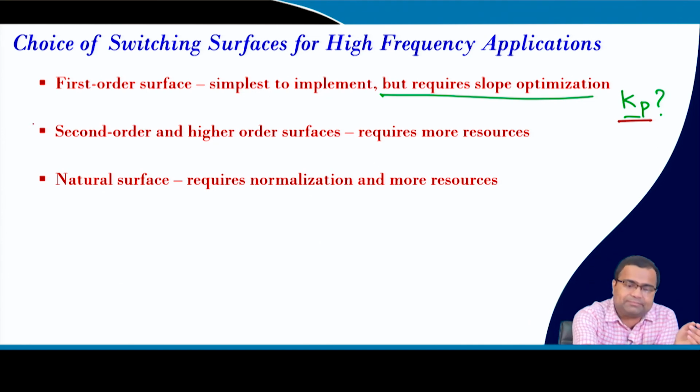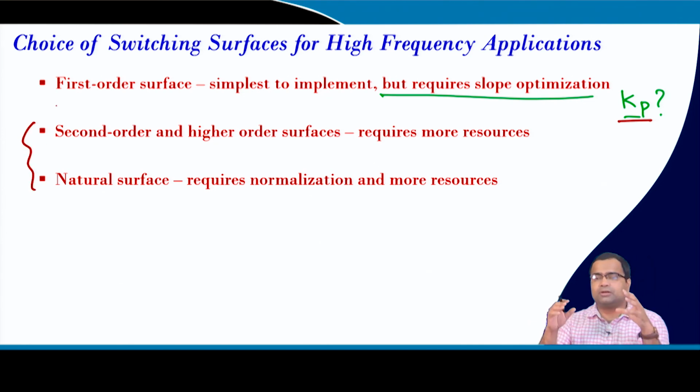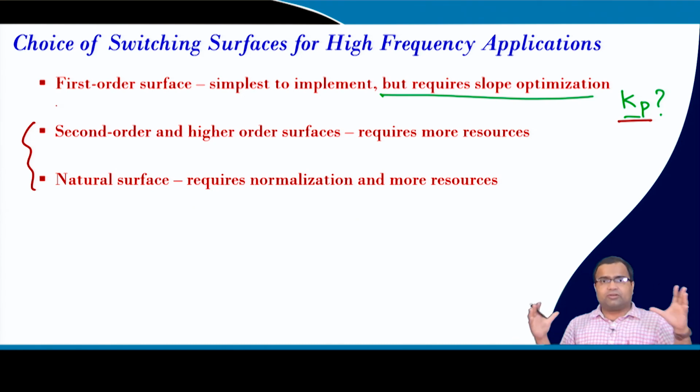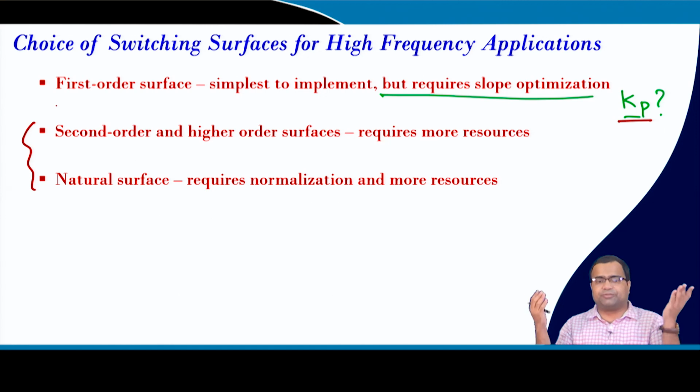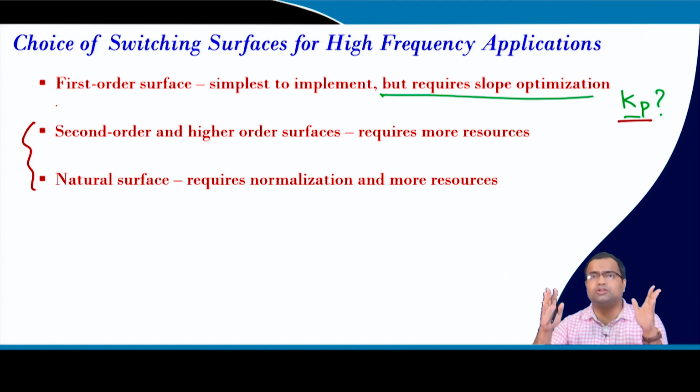So, these techniques may be useful when you are talking about maybe a few hundred kilohertz switching converter, maybe for high power, but when you are going for megahertz switching frequency, or maybe 500 kilohertz or more, then you need to optimize, particularly when you are going for a power management IC where resources play a significant role.